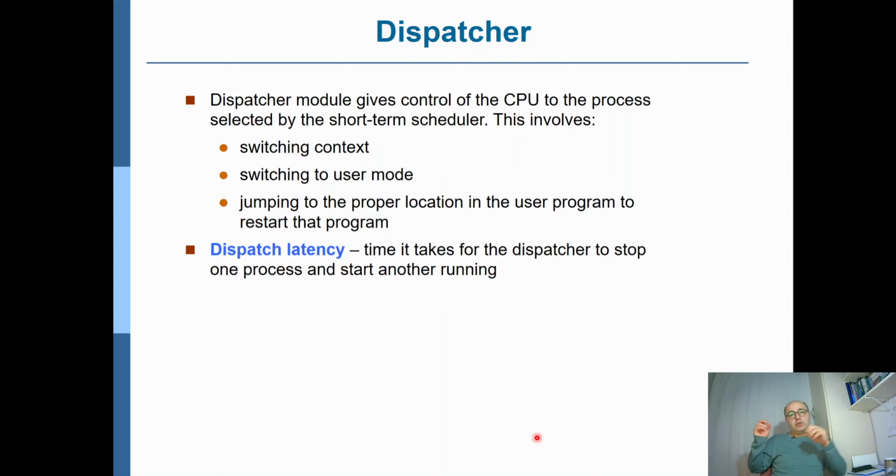Otherwise, you would be continuing from a different state. Okay? So to save the state of the process that is to be preempted from the CPU, you should save the values of all registers, the general purpose registers, but also the special purpose registers, like the program counter, the instruction register, accumulator, whatever, all of them, the stack pointer and others.